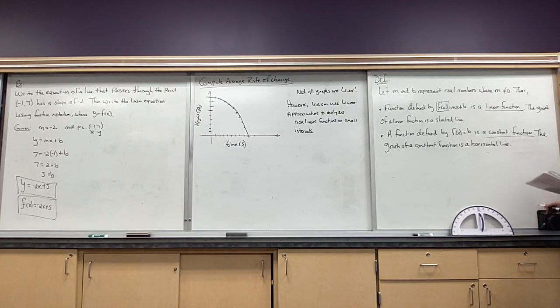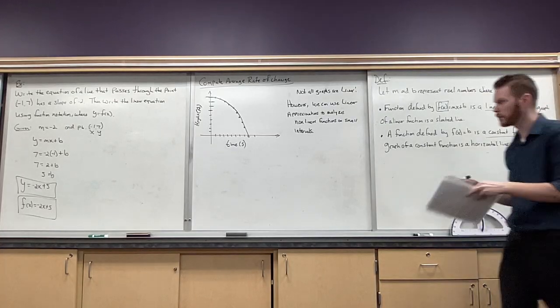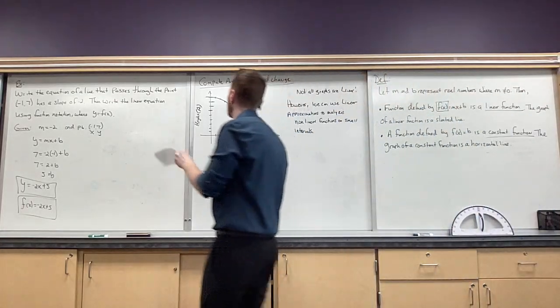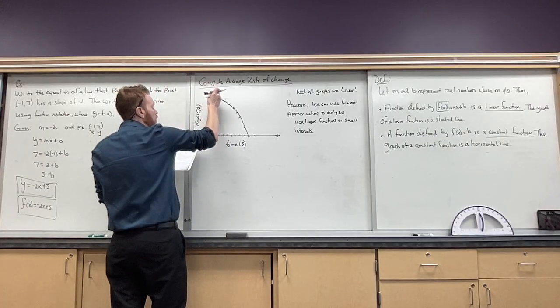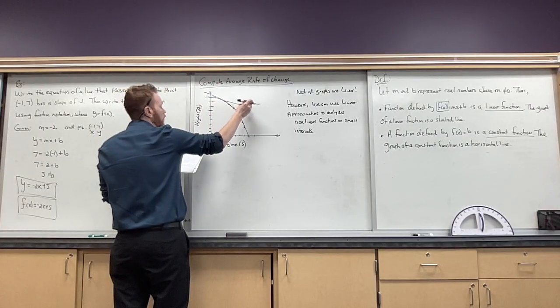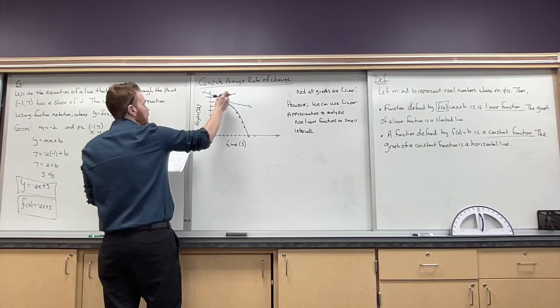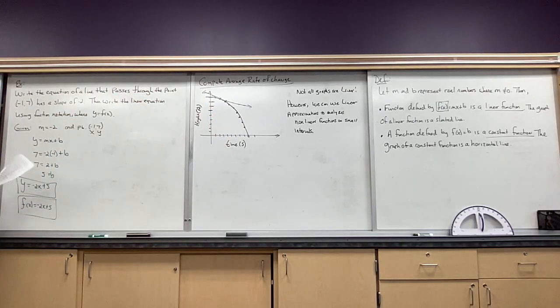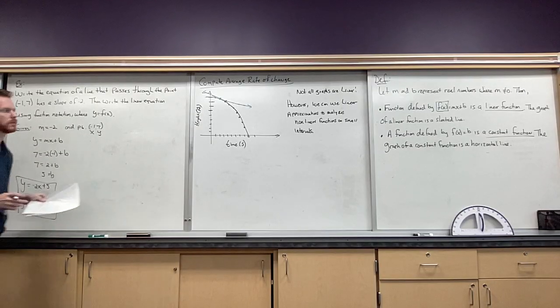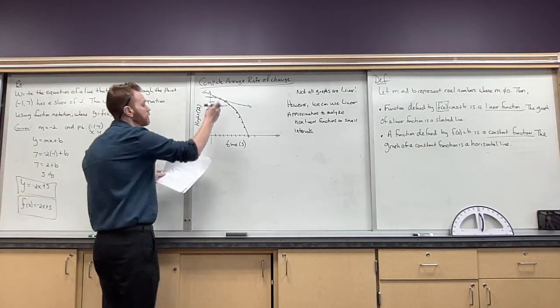Okay? So if you like to highlight or color or whatever, this would be a good opportunity. Okay? So I'll show you what I can do. So I can take maybe this interval. Okay, maybe it intersects the graph at these 2 points. So I'm going to analyze that interval with that line. Okay, and talk about what changes do I see between those two. I can go a different direction.